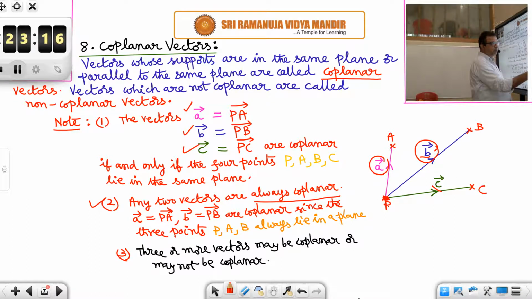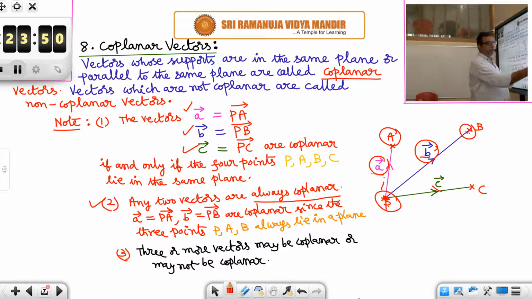If the points P, A, B are in a plane, then the vectors small a bar, small b bar will be in the same plane. But you know that any three points will lie in a plane, because any three points will form a triangle. A triangle is a plane figure, it will lie in a plane. Therefore, any two vectors will always be coplanar.